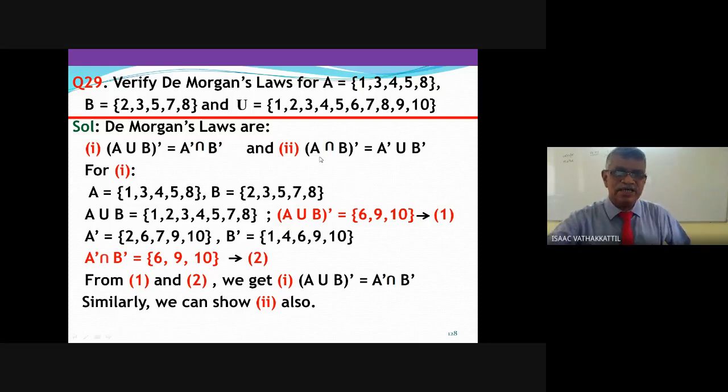You take first A intersection B. What is A intersection B? A intersection B will be 3, 5, 8. And then take its complement. Further, take the union of A dash and B dash. So you will show that A intersection B whole dash equals A dash union B dash. So you will sit and do it.